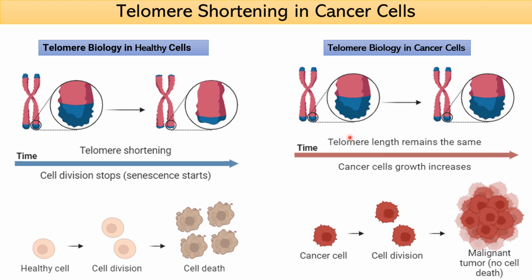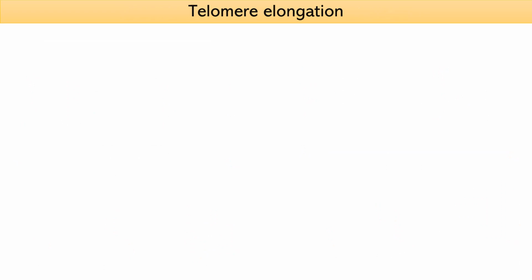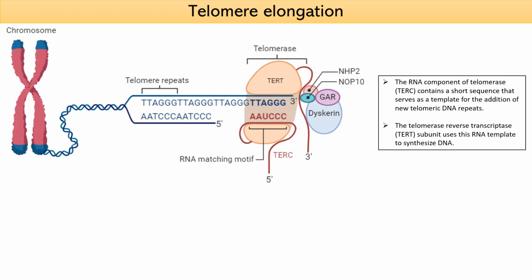So now the question is, how can cancer do that? Cancer cells can do that because of their ability of telomere elongation. So how can they elongate their telomere? This all comes down to an enzyme called telomerase. As we can see here, we have the 3' overhang, and this is the telomeric DNA. Telomerase has an RNA component, which is this component, that contains a short sequence that serves as a template for the addition of the new telomeric DNA.